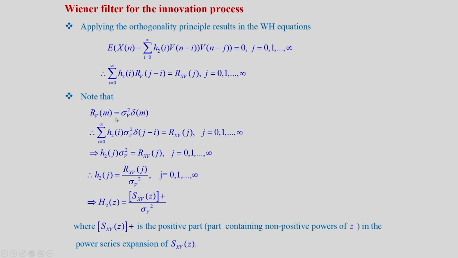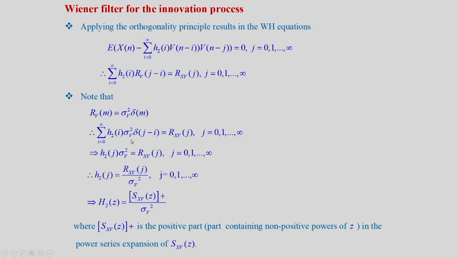Note that rv of m is equal to sigma v square into delta m. Because the innovation sequence is a white noise sequence, therefore, its autocorrelation function is sigma v square into delta m. It is sigma v square for m is equal to 0 and 0 otherwise. Therefore, we will get summation h2i sigma v square delta of j minus i, i going from 0 to infinity, must be equal to rxv of j for j equal to 0 to infinity.